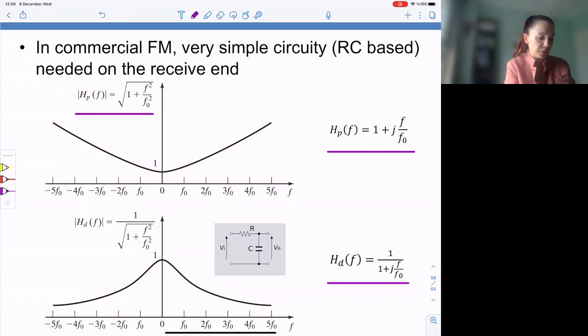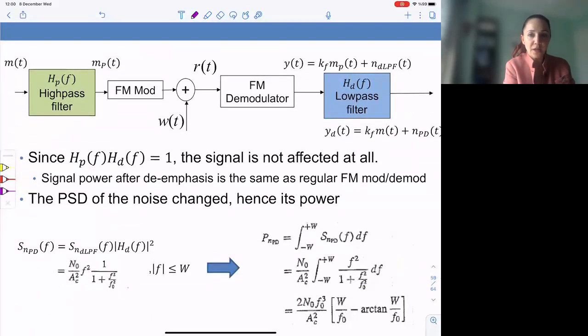Let's see what would happen if we used HP as the pre-emphasis filter and HD as the de-emphasis filter. Let me emphasize here that these are not the only choices for pre-emphasis and de-emphasis, but these are easy choices. And let's see what the resulting SNR is going to be.